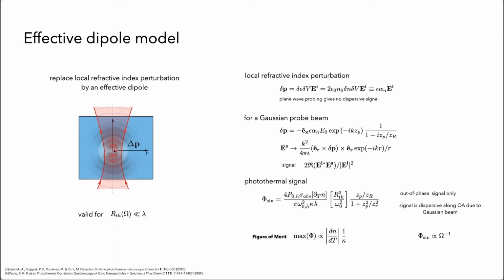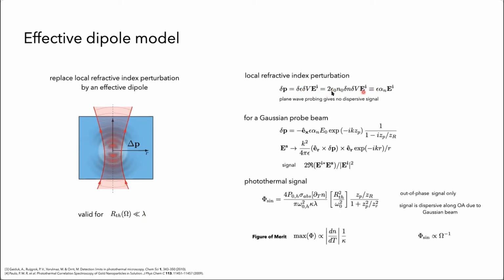Otherwise, in the same way as you cannot treat a large particle with Rayleigh scattering only, you will run into problems. So you replace it by a single dipole, and the dipole here is described by a slight variation in the dielectric function within a tiny little volume multiplied with the incident field, and you can resolve that delta epsilon into this kind of expression.